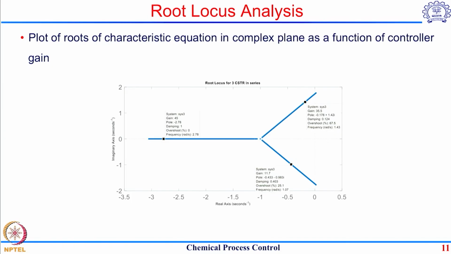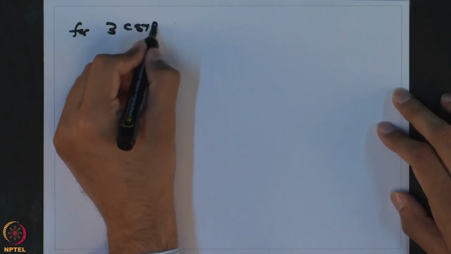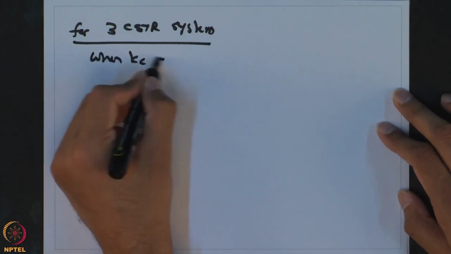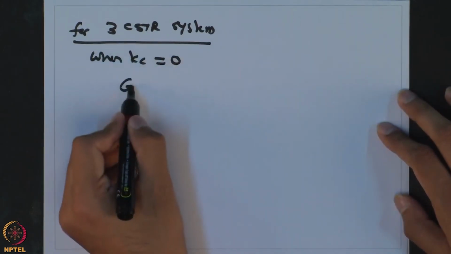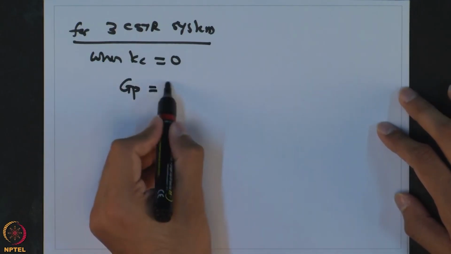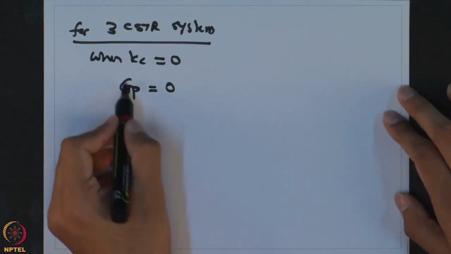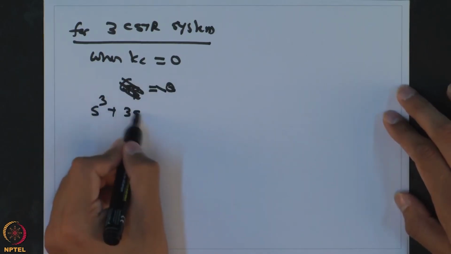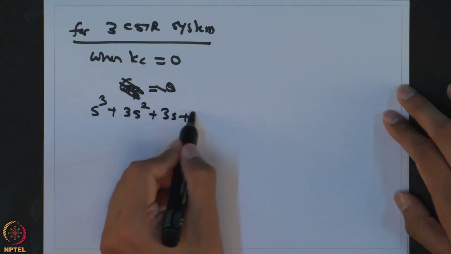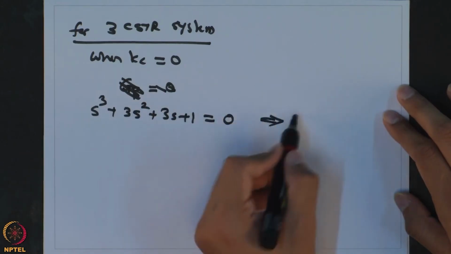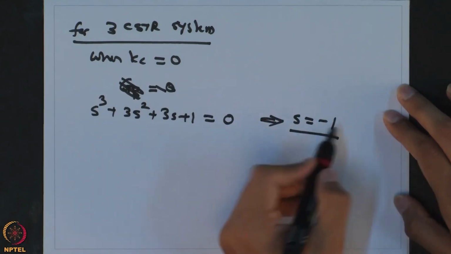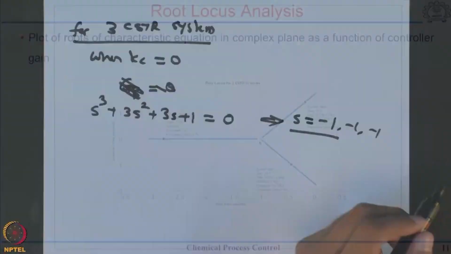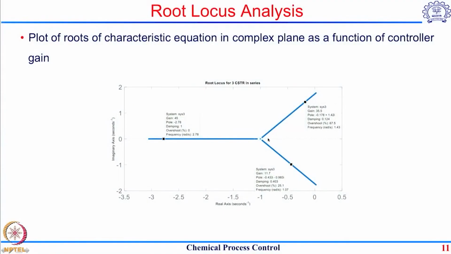So, for the 3 CSTR system, when Kc is equal to 0, the closed loop characteristic equation is s cube plus 3s square plus 3s plus 1 equal to 0, which gives me s equal to -1. So, it is a triple root. All the root locus diagrams will start with a point at -1.